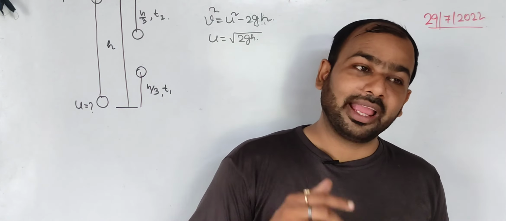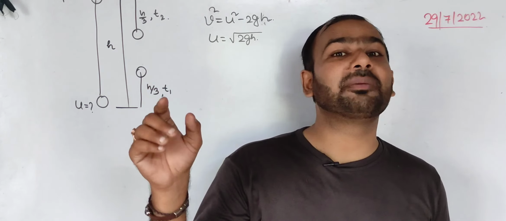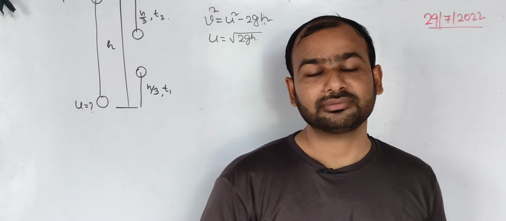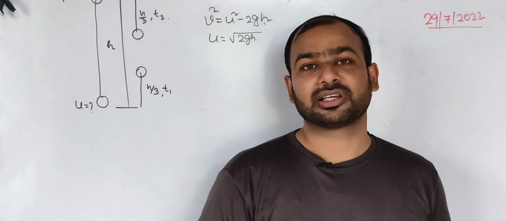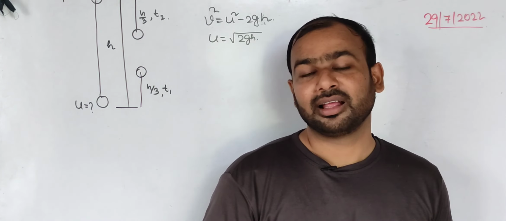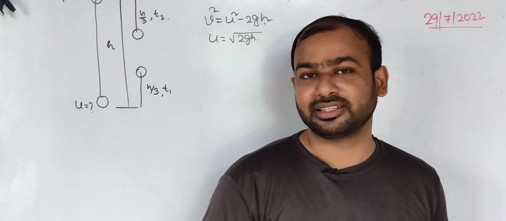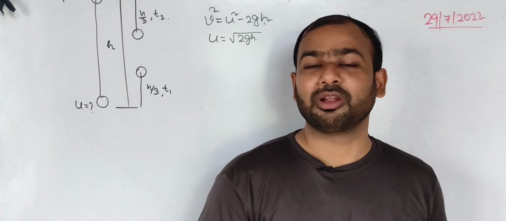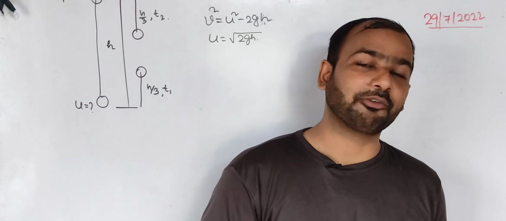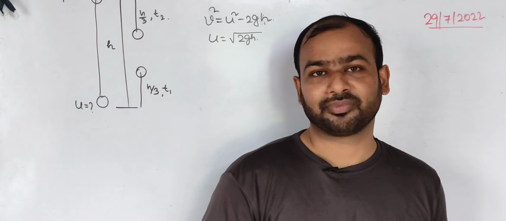So if we look at the equation s equal to ut plus half at square, in this equation if we consider time as a variable, it is a quadratic equation. If we solve this quadratic equation, we'll find two roots and we consider t1 and t2 as the times.